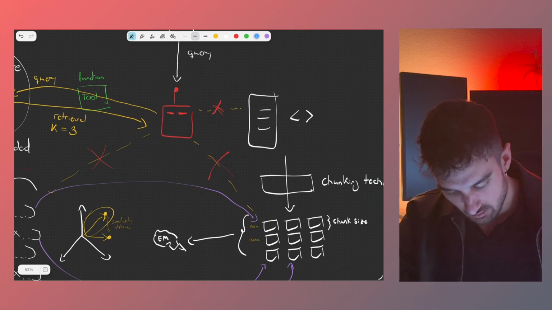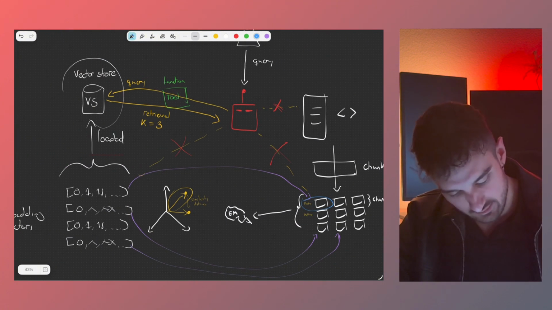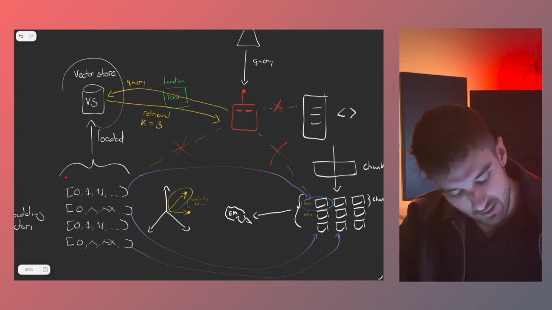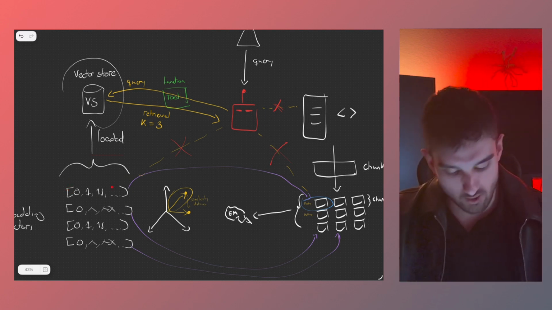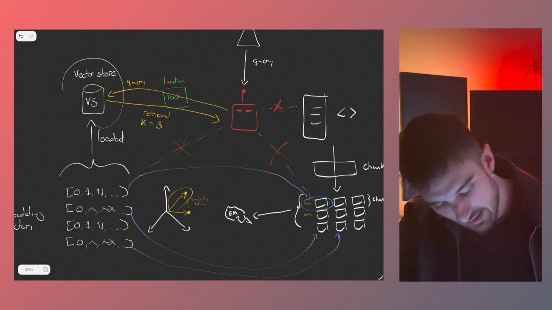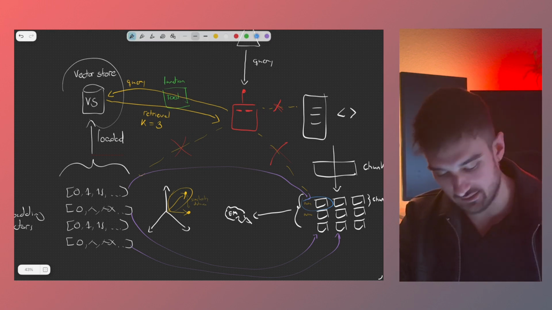Where is the poem chunk? Here. So the agent is going to query our vector store. The vector store is going to take the embedding vector that is most similar to our query, take the chunk, and retrieve it back to the agent.